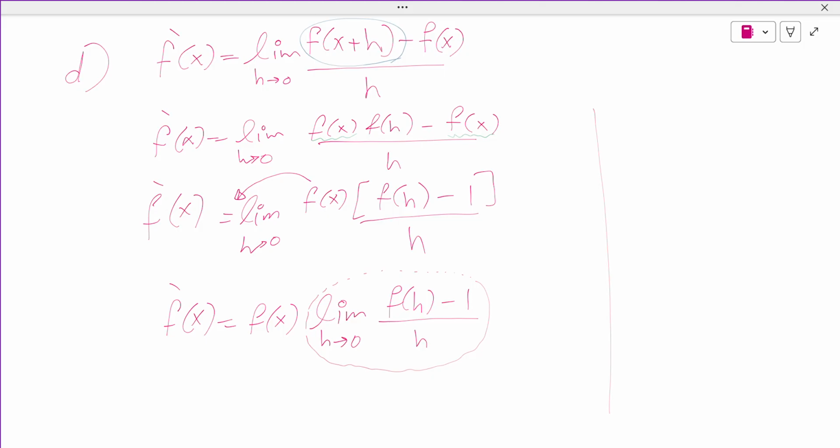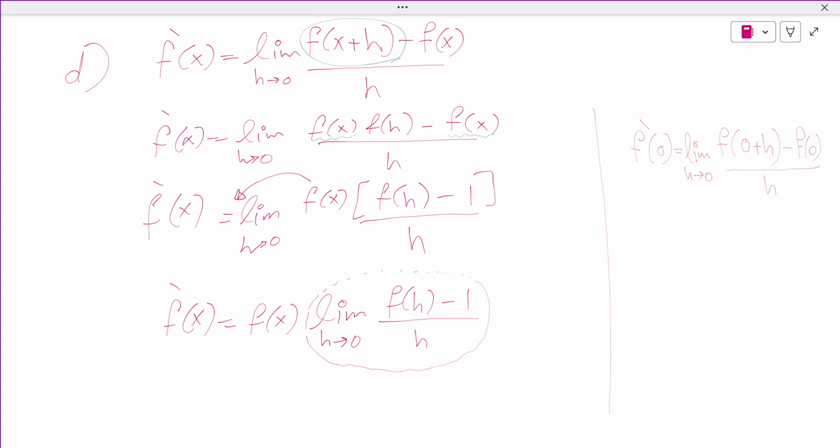We know that f prime of 0 equals the limit as h approaches 0 of f of 0 plus h minus f of 0 all over h.